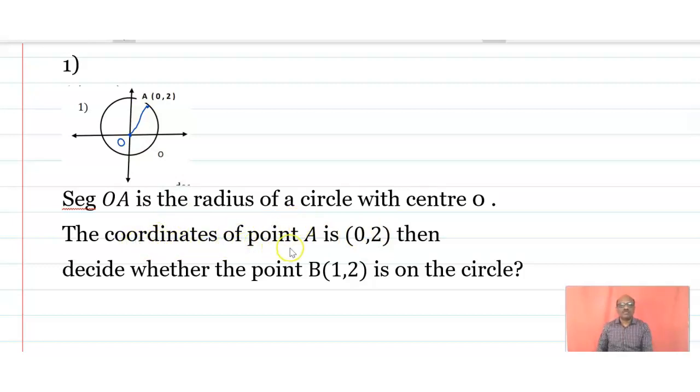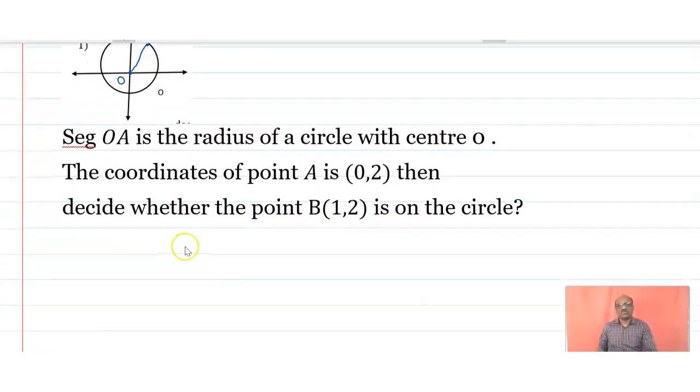The coordinate of the point A is 0, 2. Then decide whether the point 1, 2 is on the circle. Okay. या क्वेश्चन मधली माहिती थोडी अपुरी आहे. तर देखील आपण O हा ओरिजिन कन्सिडर करणार आपण इथे. नाव दी solution. Okay.